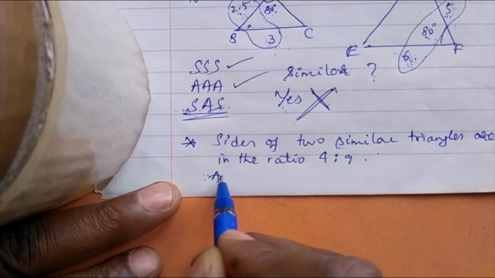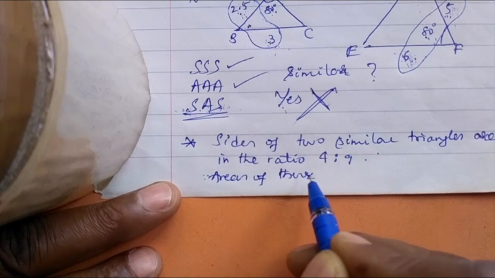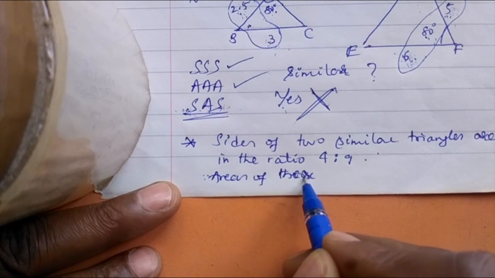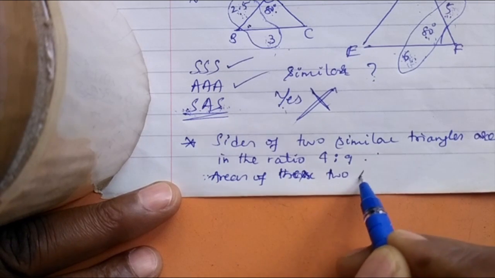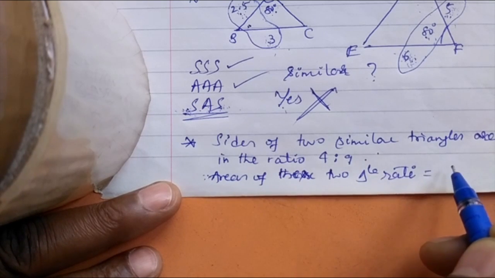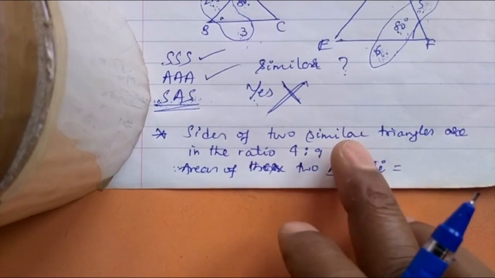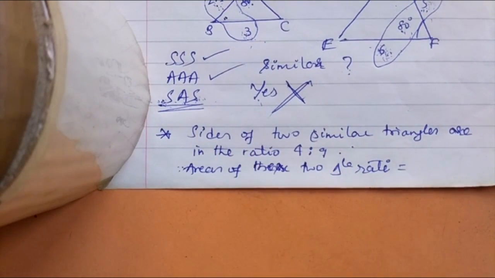Then the ratio of the areas of these two triangles is equal to what? Okay, sides of two similar triangles are in the ratio 4:9.